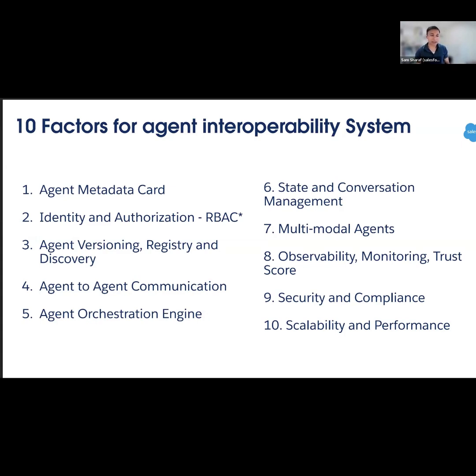And then, very importantly, agent versioning, registry, and discovery. As agents improve, we version them, and there is a centralized place, similar to the DNS registry for the web. Are we also registering these agents and providing a good mechanism for discovering them? Agent-to-agent communication becomes important too. Like I said before, that's at the core of a multi-agent system: how agents are able to communicate with each other. Then you can call it the agent orchestration engine or the gateway router.